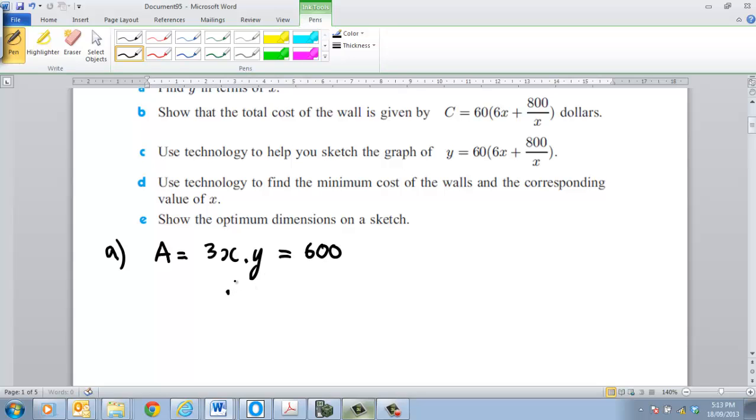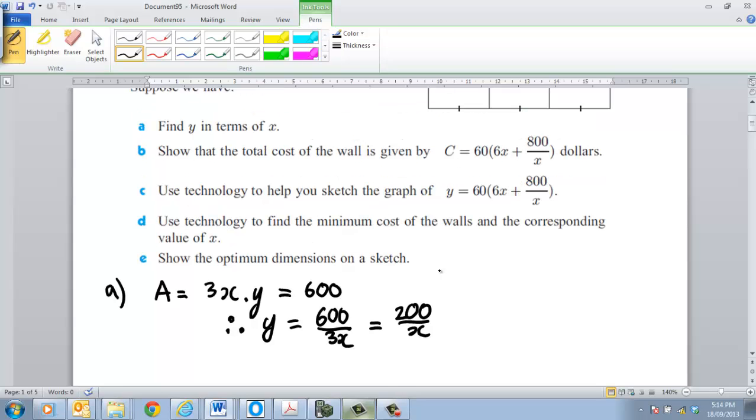So therefore we could say that our y value is equal to 600 divided by 3x, which we could then cancel out a factor of 3 and say it's equal to 200 over x. So that's a connection there that we've got between x and y. We always find in these questions that you have to find an equation in terms of only x or r or h or something like that. So we use one equation, in this case our area, to find y in terms of x.